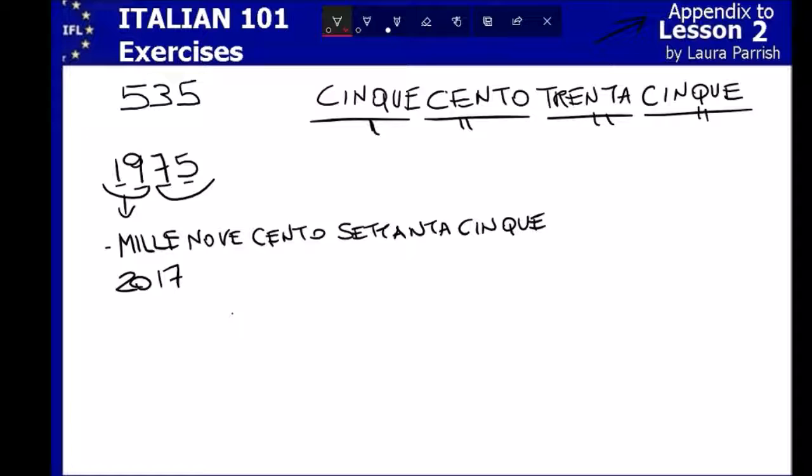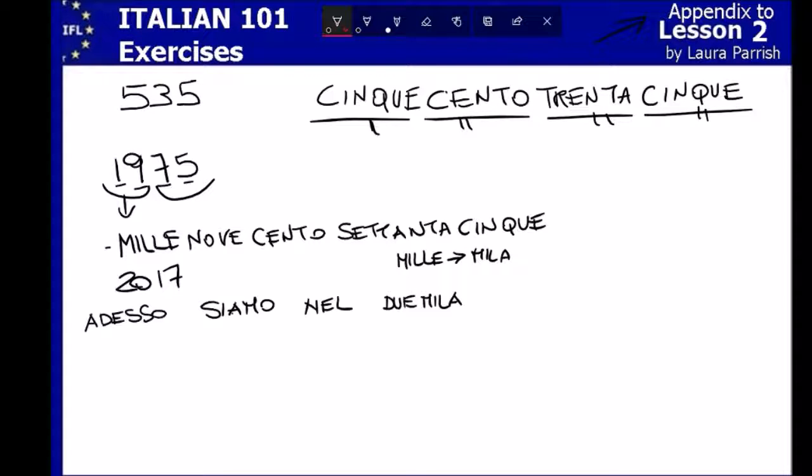So let's say in Italian, adesso, now, siamo, we are, nel, this is a preposizione articolata that we're going to study in the next lesson, siamo nel 2000, because 1000 singular is mille, while the plural is irregular, it is mila.